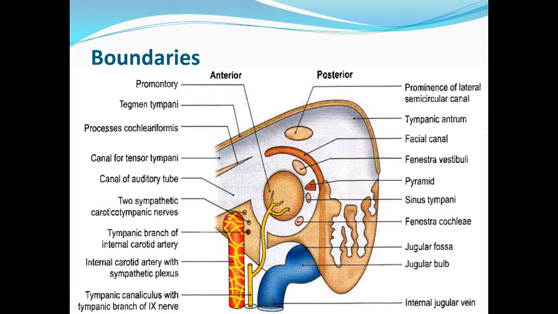Now, talking about the lowermost part, the inferior part of the wall is formed by a very thin plate of bone, which forms the posterior wall of the carotid canal.